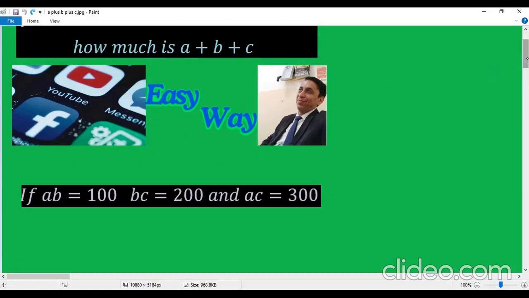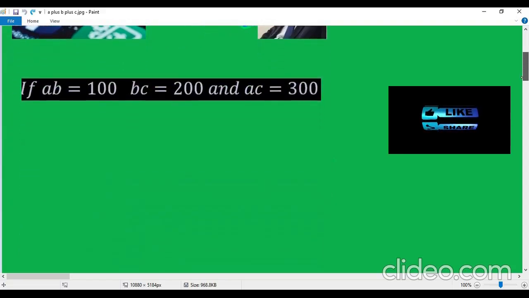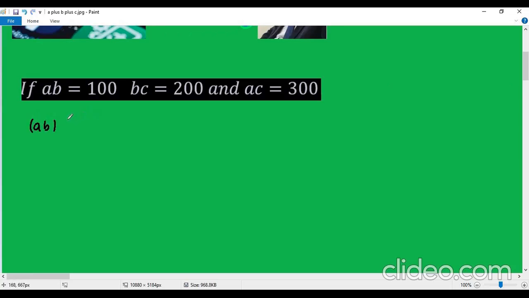Now, what I have come up with is a method to solve this. First of all, we know the value of AB is given, and the value of AC, I can write AC also, AC divided by BC. Now if I substitute the values of AB, AC and BC, this is 100 times 300 divided by the value of BC, which is 200.